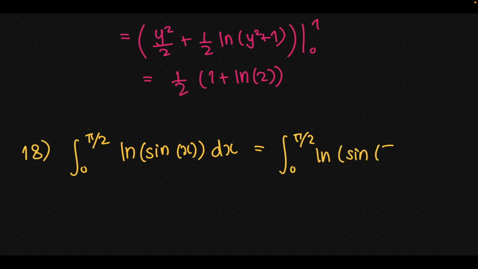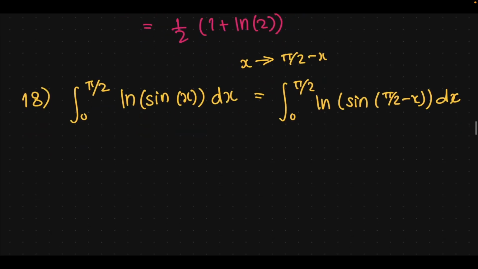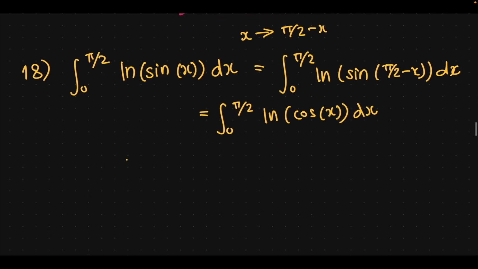So we have sine of (pi over 2 minus x) dx. And when I say King's property, I mean x goes to pi over 2 minus x in this case. And that is just integral 0 to pi over 2 of natural log of cosine x dx.